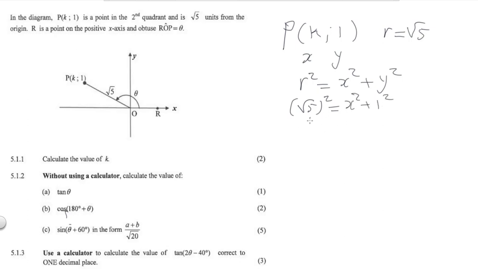Here I know this gives me 5, and this is k squared. When I transpose the 1, it will be minus 1, which means here will be 4. So k squared equals 4, so k will give me minus 2, because we have a negative.